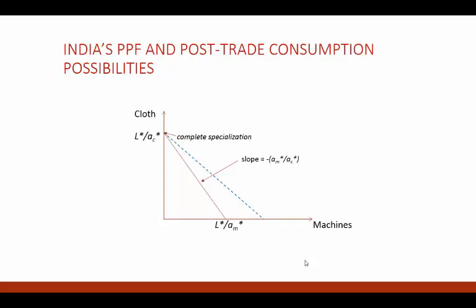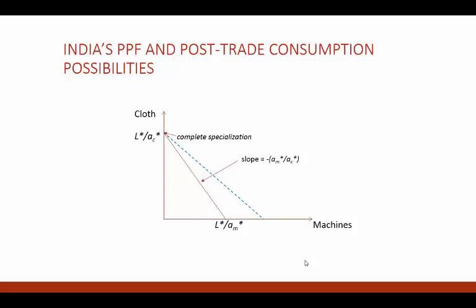We show an analogous graph for India as well. In India, since specialization was in cloth, the consumption possibilities frontier, the blue dotted line, pivots out from the vertical plane where cloth is produced and is flatter, reflecting the fact that the relative price of machines PM star over PC star is now lower than the opportunity cost of a machine AM star over AC star.